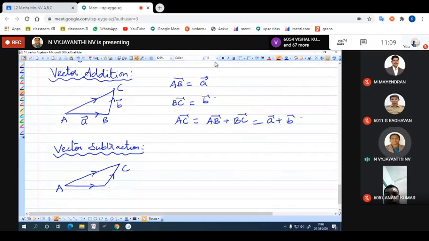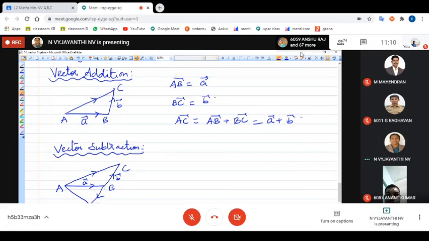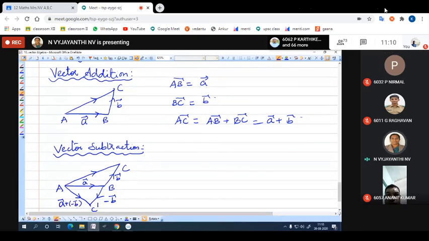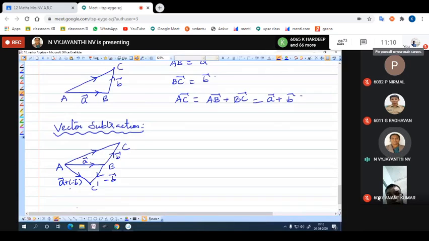If we consider the direction opposite to BC, but the distance is the same, if BC and BC dash distances are both equal but the person is traveling in the opposite direction, then what is AC dash? This is A vector, this is B vector. What is BC dash? Minus B vector. So what is AC dash? A vector plus minus of B vector, which will give A vector minus B vector.